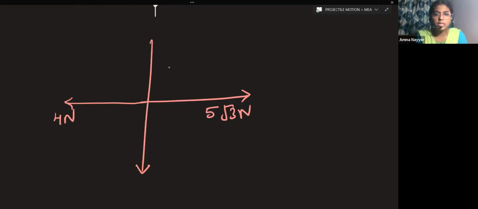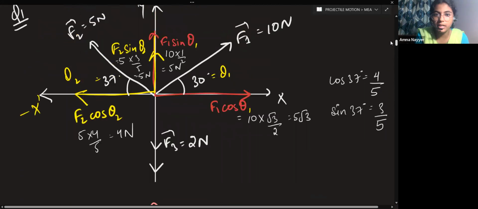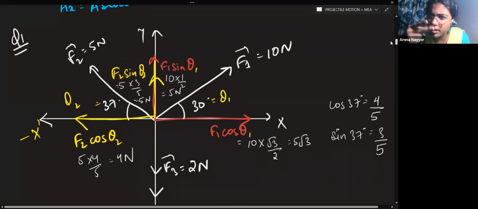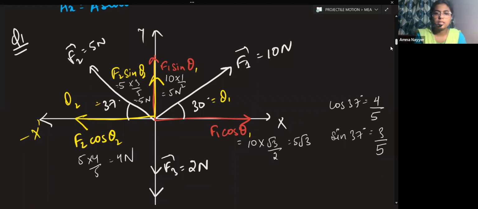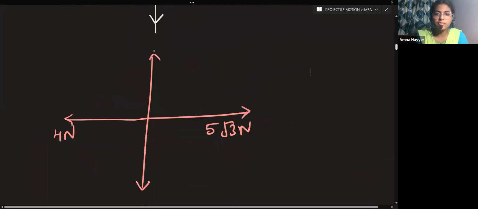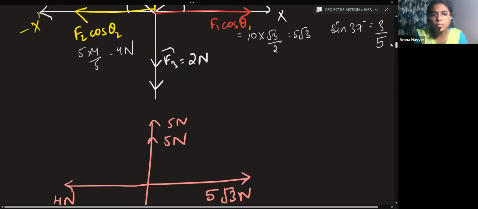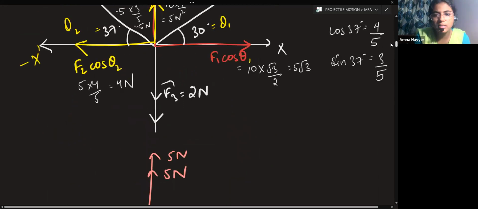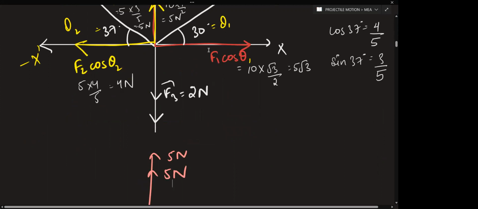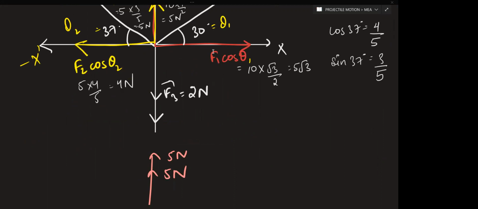Now along the positive and negative y-axis. Let's talk about the positive y-axis first. Two forces are there on the positive y-axis, 5 Newton and 3 Newton. A student points out that one is 5 Newton and the other is 3 Newton.